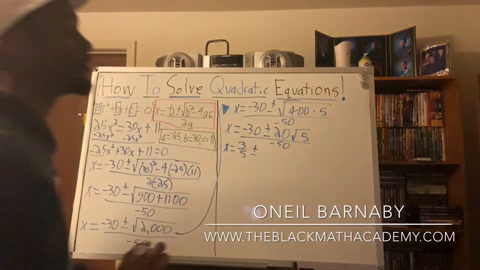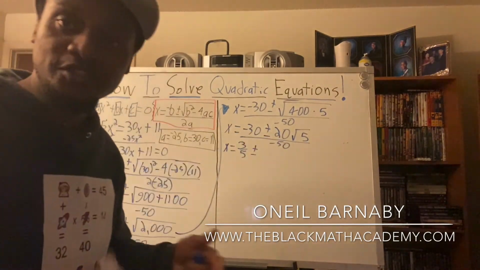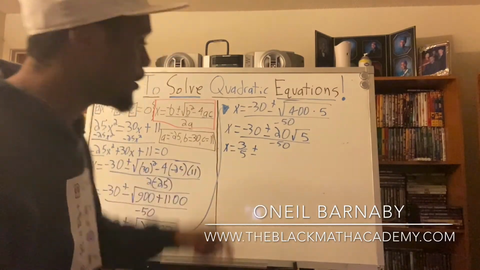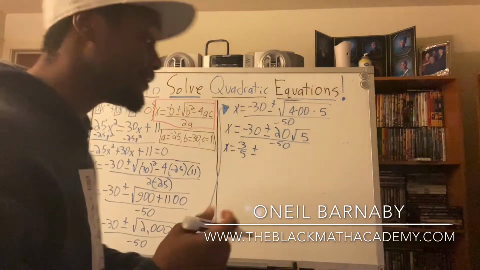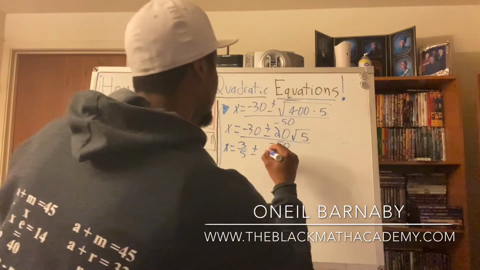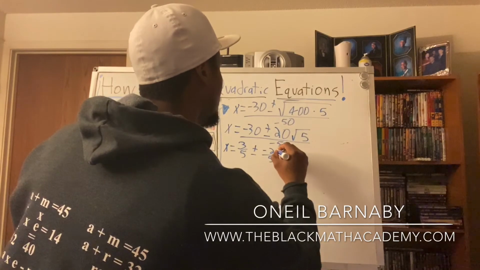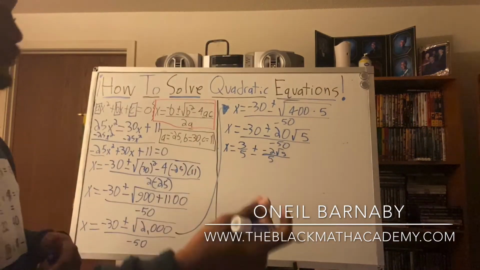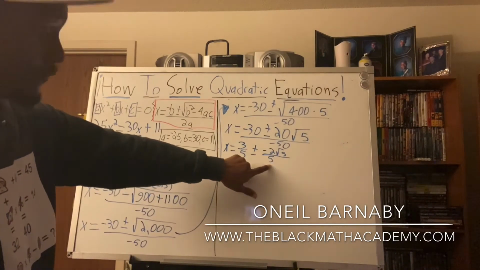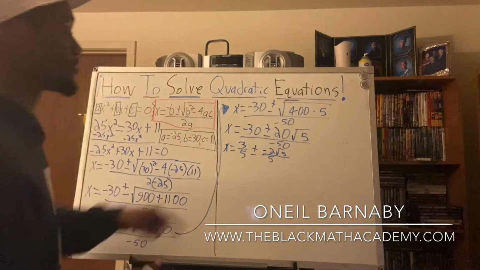Then 20 times root 5 over negative 50, you can only simplify similar parts, that would be the 20 and the negative 50. So when you simplify that, you get negative 2 root 5 over 5, excuse me. So it becomes this.